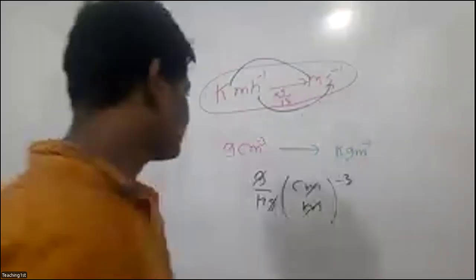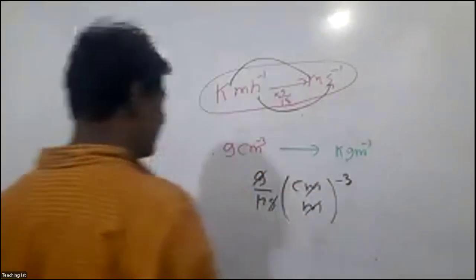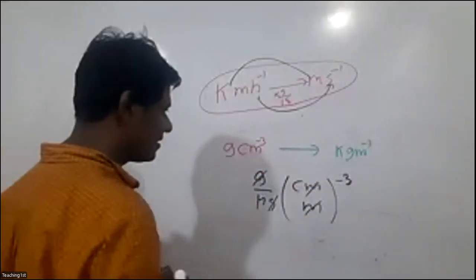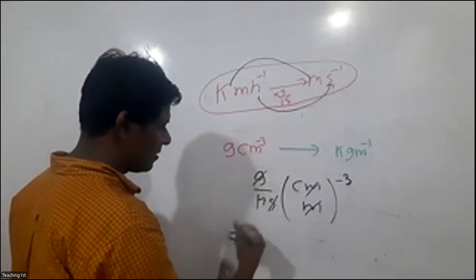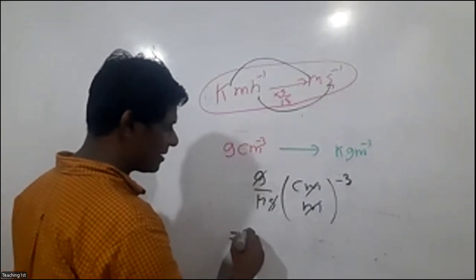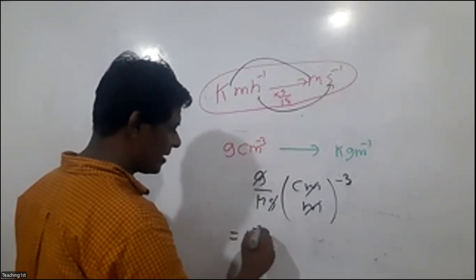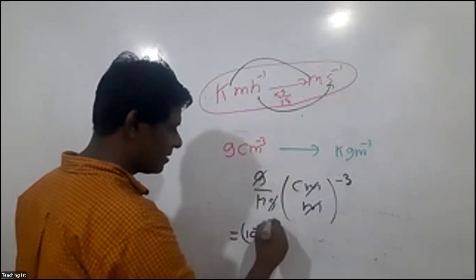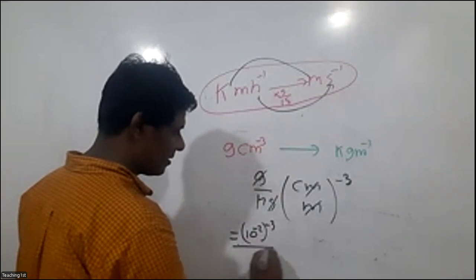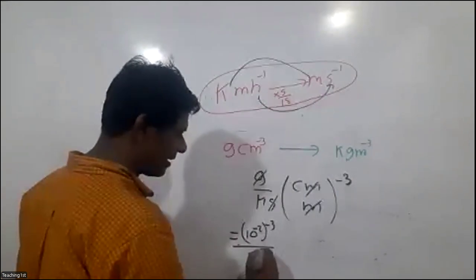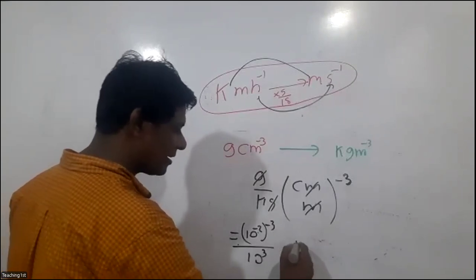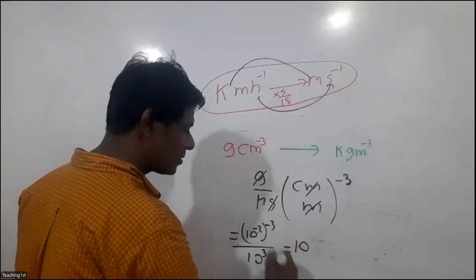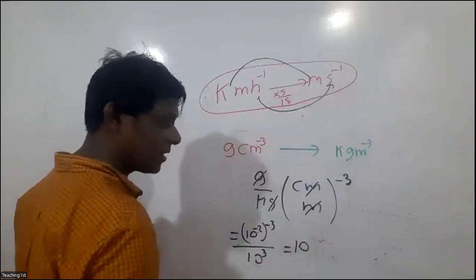Then what is happening here is, see, 10 to the power minus 2 times minus 3, divided by 10 to the power 3. So minus 2 times minus 3 is what?